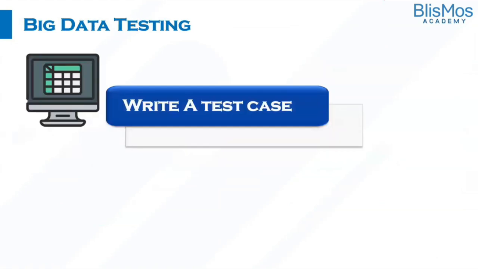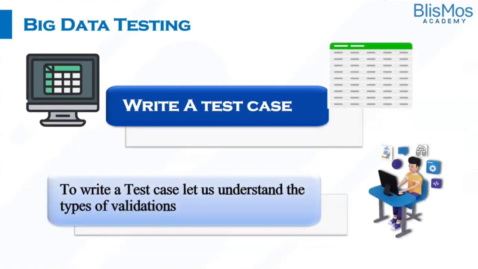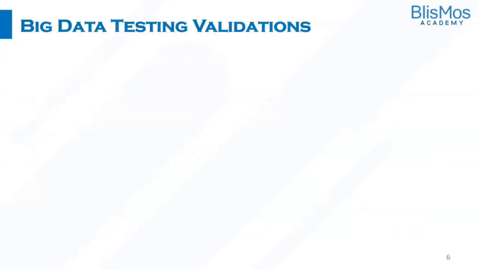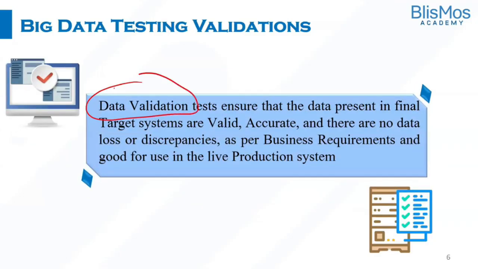In order to write a test case, you also need to know what the important validations are which are performed in big data testing. So what are those validations? When you say validation, I mean data validations. Remember, our focus is on the data here because we are in big data testing.